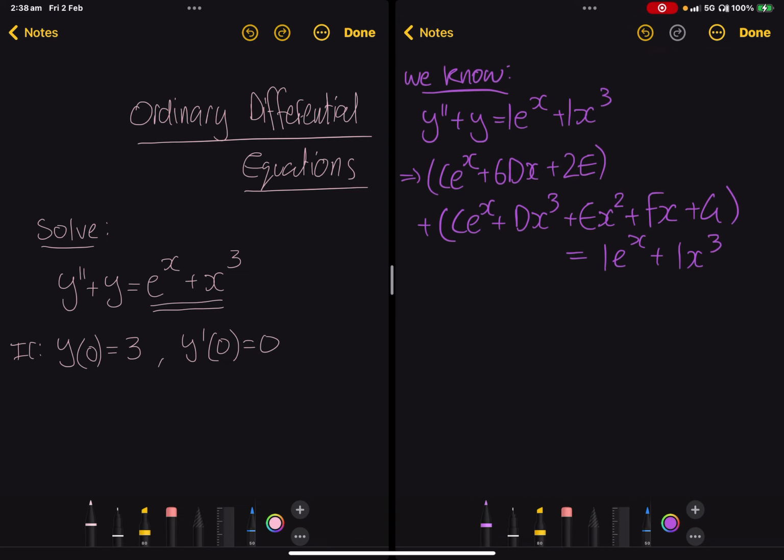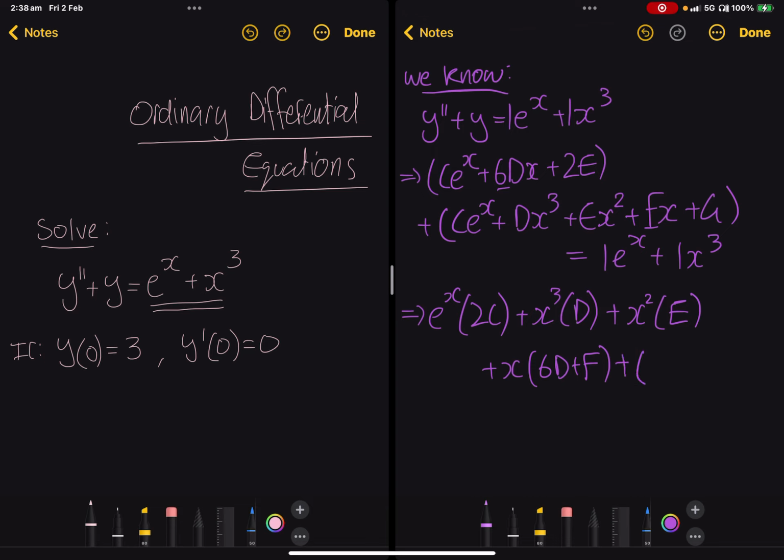Now we need to group terms on the left-hand side. So we get e to the x times 2c plus x cubed times d plus x squared times e plus x times, well, we've got an f here and a 6d here, so 6d plus f, plus 2e plus g.